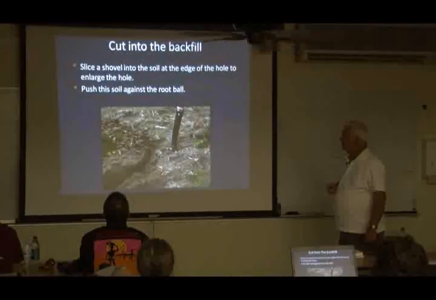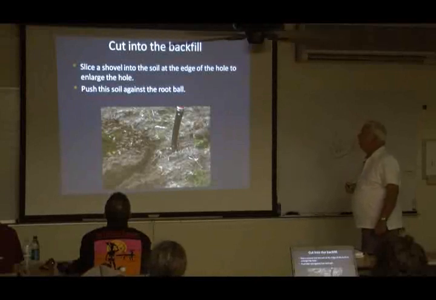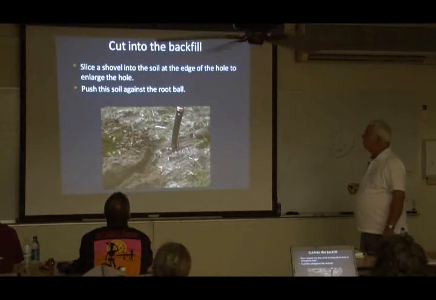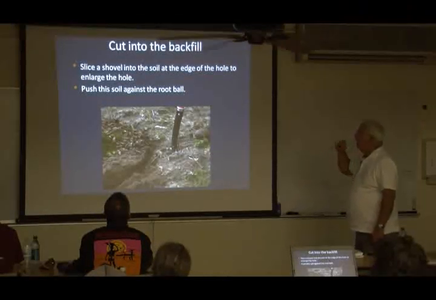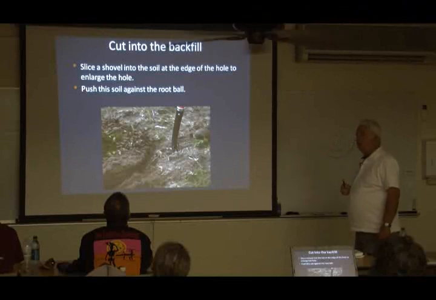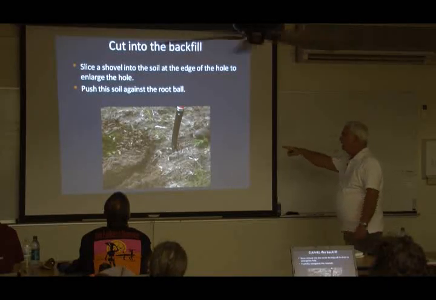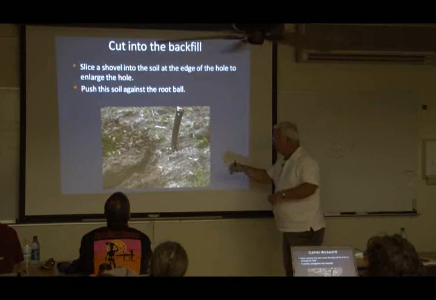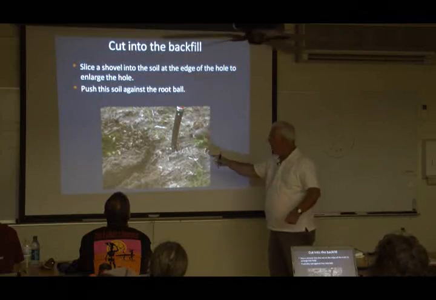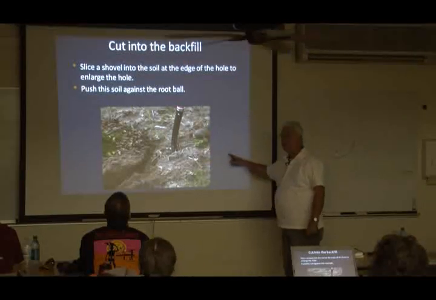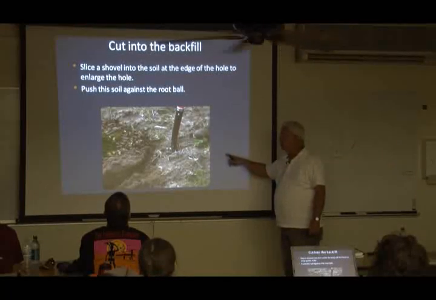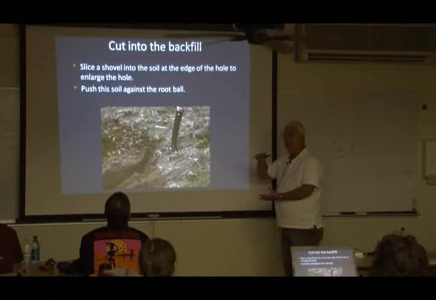Okay, next. Add the mulch on top, as we said before. And then to enlarge the hole, just take a spade or a shovel and loosen the dirt all the way around it, all the way out, maybe 2 or 3 feet, as far as you can go. What works good too, if this is a fairly shallow hole, is a rototiller.